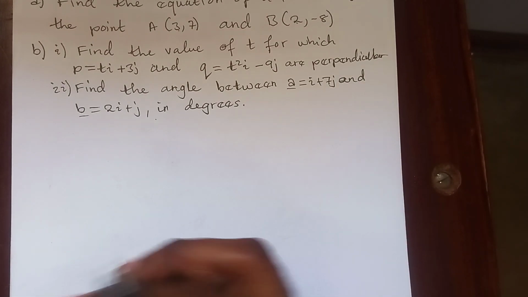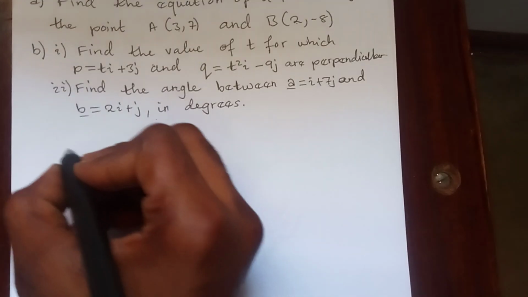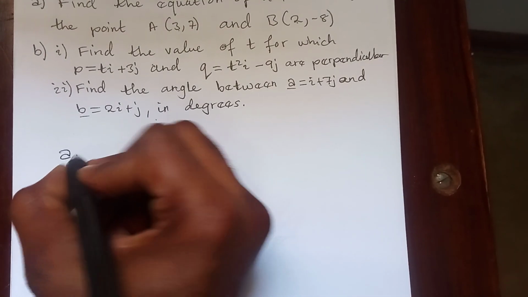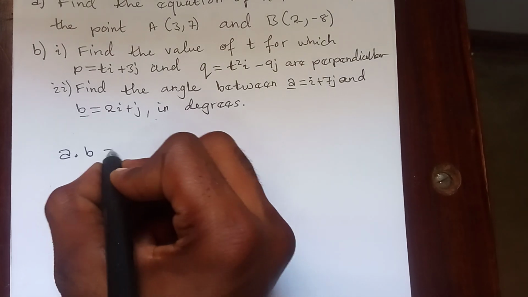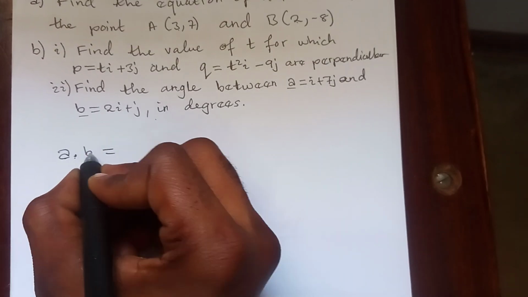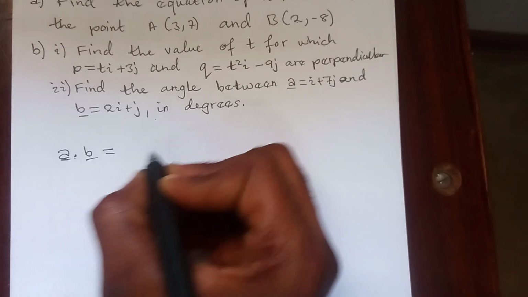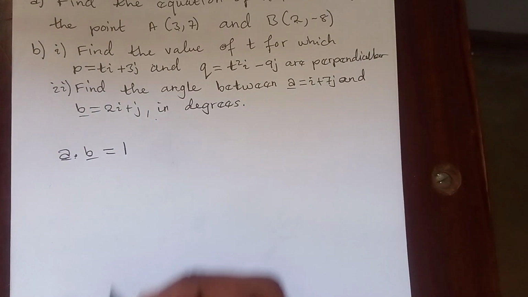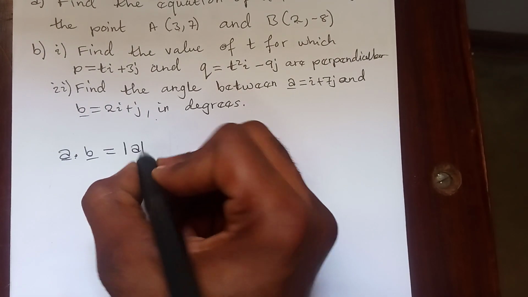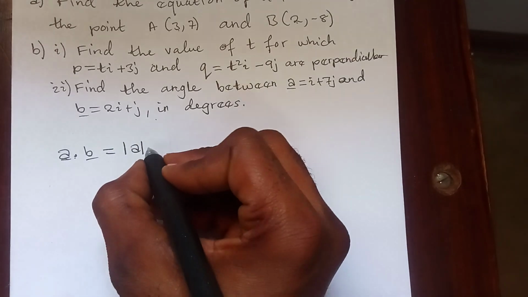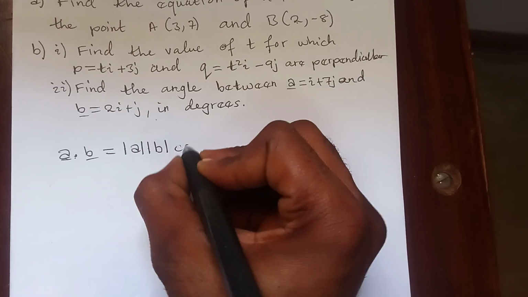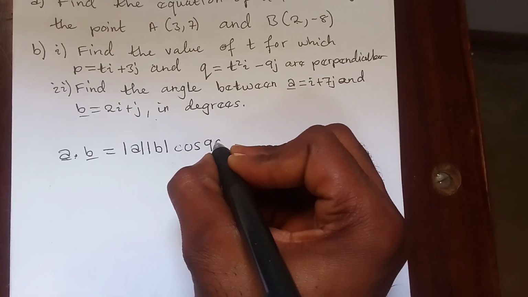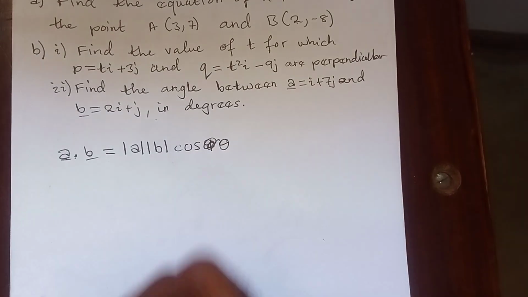The reason is very easy, because the dot product of a and b, the vector a multiplied by the vector b, is given by the modulus of a, that is the magnitude of a, multiplied by the magnitude of b multiplied by cos θ, where θ is 90.